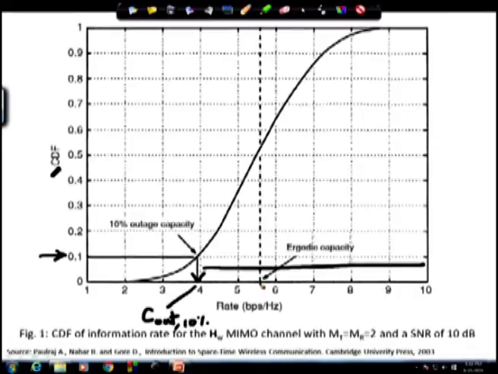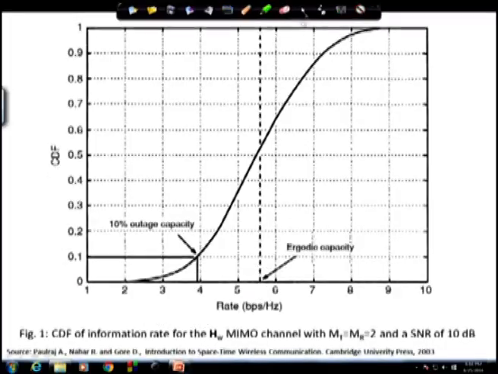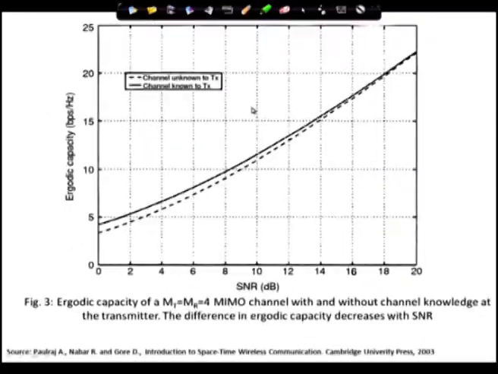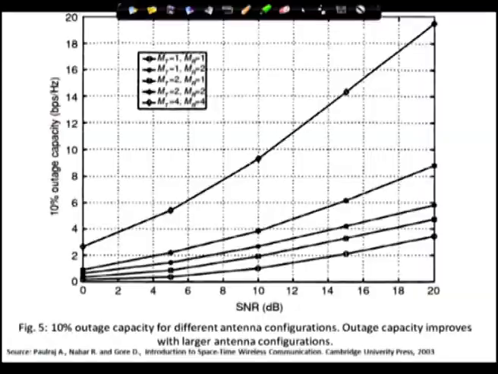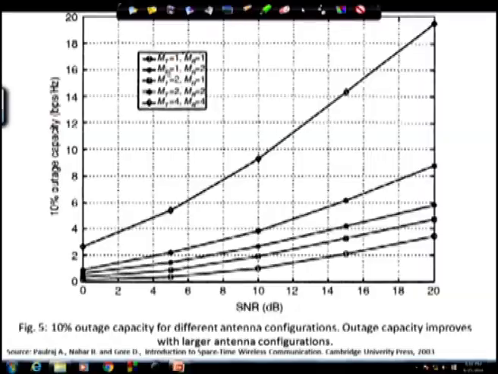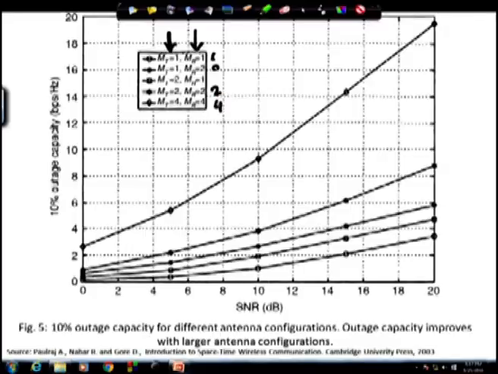Of course, ergodic capacity is what we have already described and seen how it is influenced under low SNR and high SNR region. So we will take a look at the outage capacity performance. So this is the 10% outage capacity performance for different MIMO antenna configurations. This side is the transmit antenna configuration, this side is the receive antenna configuration. So as we increase the number of antennas, so basically M is equal to 1, M is equal to 2 in this case, and M is equal to 4 in this case.